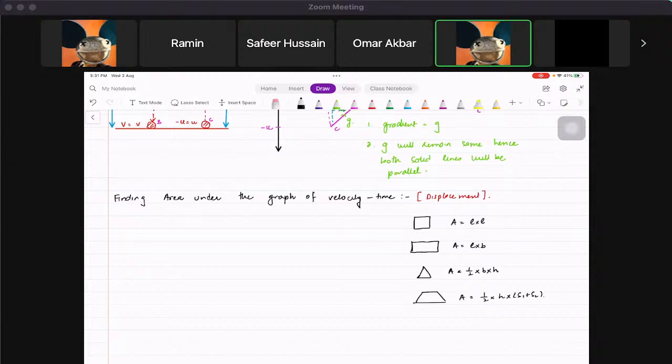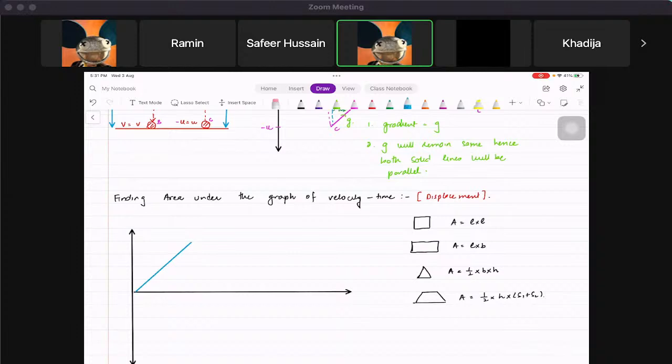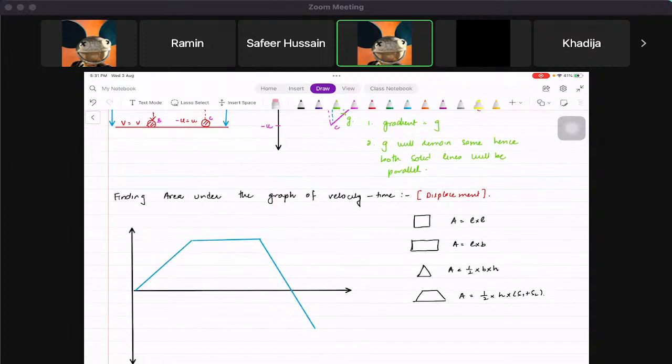Let's take a similar example because you will be required to do so. Imagine a graph is given like this. Now they have given certain quantities. This is velocity in meters per second.